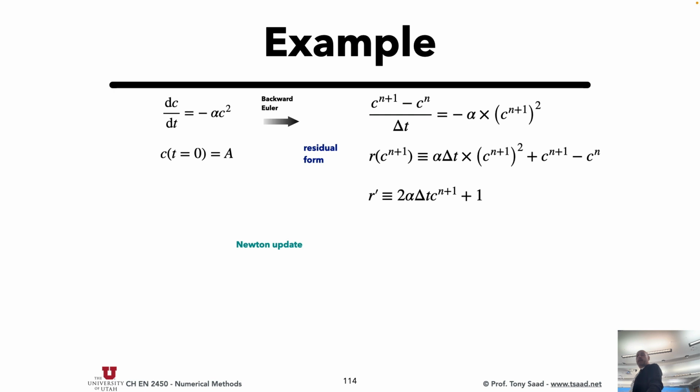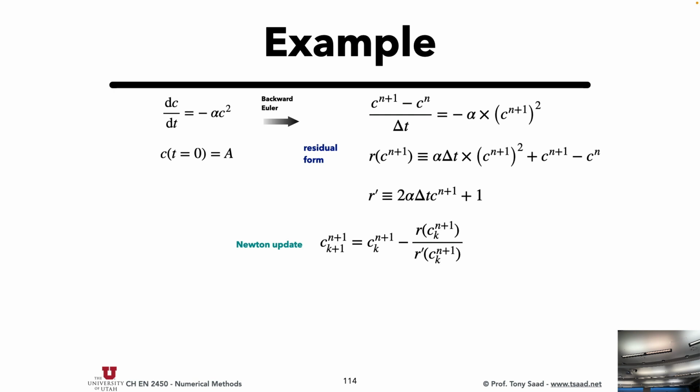Now you do your Newton update. Here's the explosion in indexing. Trust me, this is nothing compared to what we deal with. We usually have five to seven indices between time and ijk in space, and two internal iterations we have to keep track of. But at least now you have to deal with two. Remember, we're solving for C^(n+1). If C at n plus 1 was called x, then that would be just x. But now we have the Newton iteration, which we follow with a subscript k.